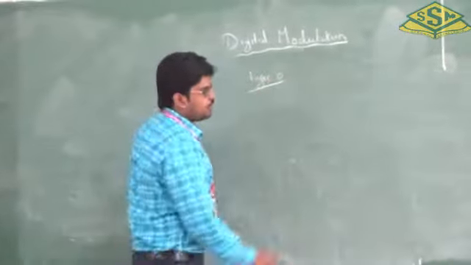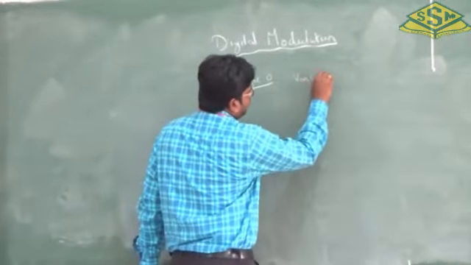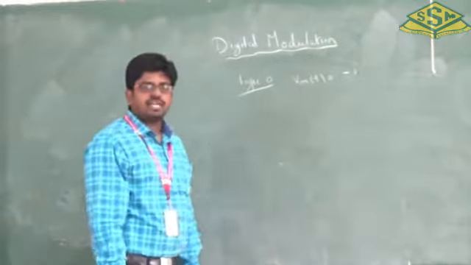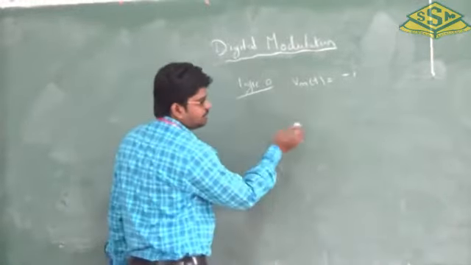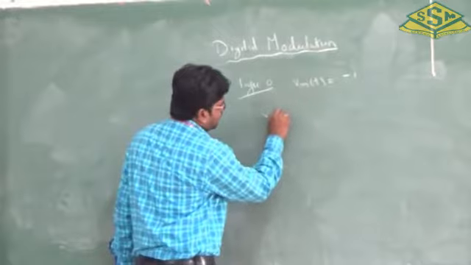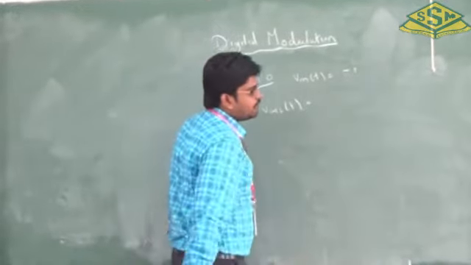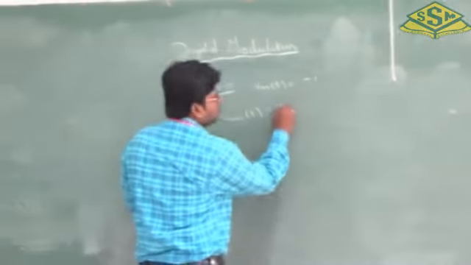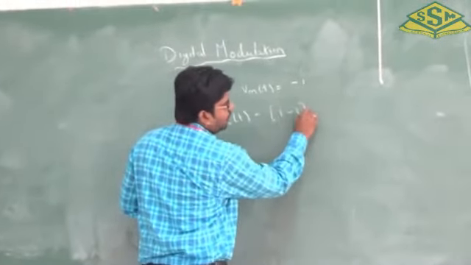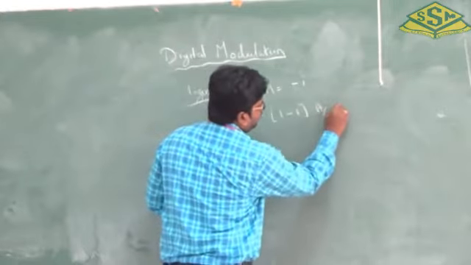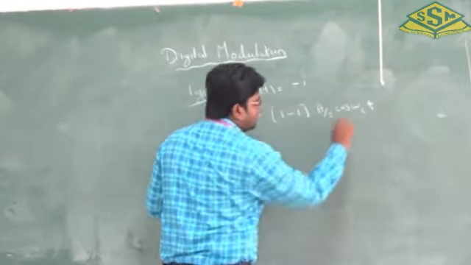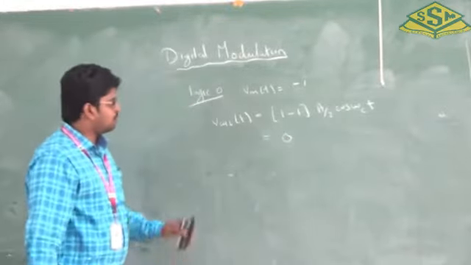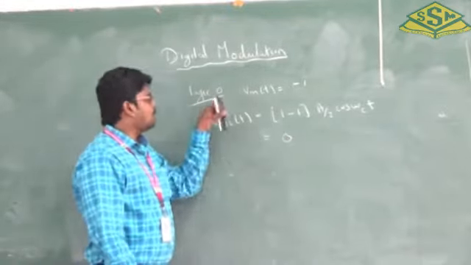While applying logic 0, Vm of t is equal to minus 1. Then VASK of t, we apply in the general equation: 1 minus 1 into A by 2 cos omega ct. So obviously we get a value of 0 for VASK of t while applying logic 0.